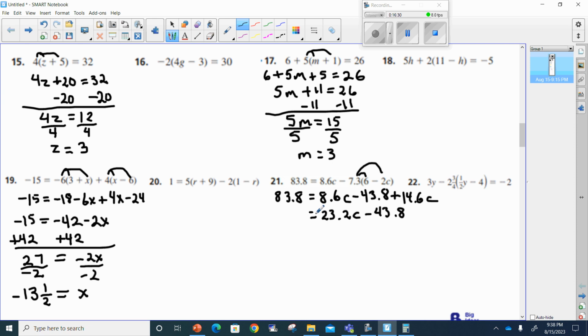All that's going to equal 83.8. Next, I got to isolate the C, so I'm going to get rid of this negative 43.8 by combining it with its like term. So I'll add 43.8, which means I will add 43.8 over here.